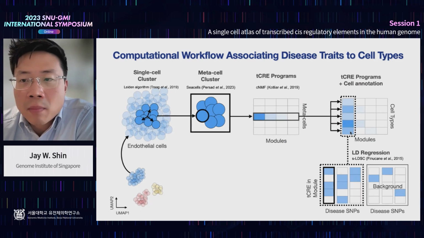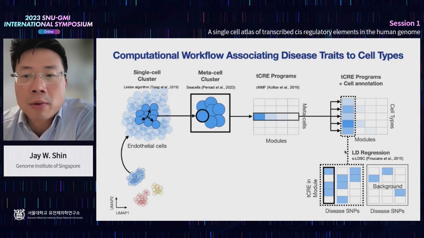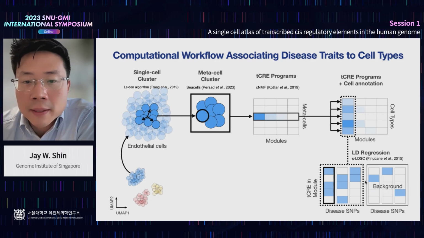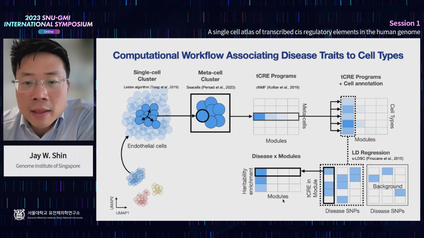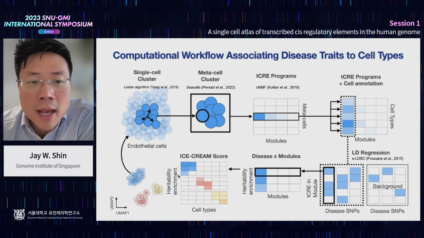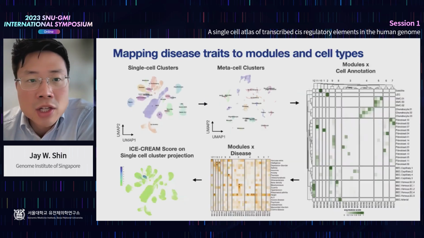Once they are in the module and cell type format, we ran a linkage disequilibrium score regression analysis to associate these disease SNPs to these modules and found statistical enrichment versus the background. What that allows us to do is link the different cellular modules to the heritability enrichment of those SNPs, then further deconvolute back to individual cell types and find these enrichments in individual cells. So that's, in a nutshell, the workflow of this strategy.